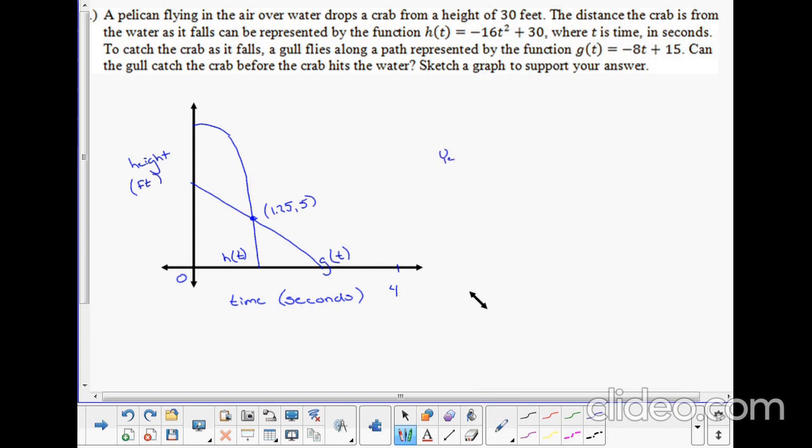If we wanted to go further, we could say that the gull will catch the crab 5 feet above the water. Or we could say that the gull will catch the crab 1.25 seconds after it begins to fall.